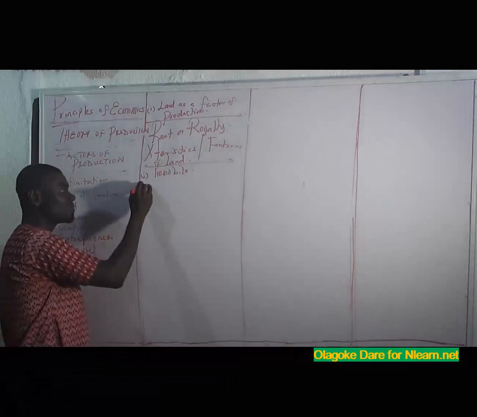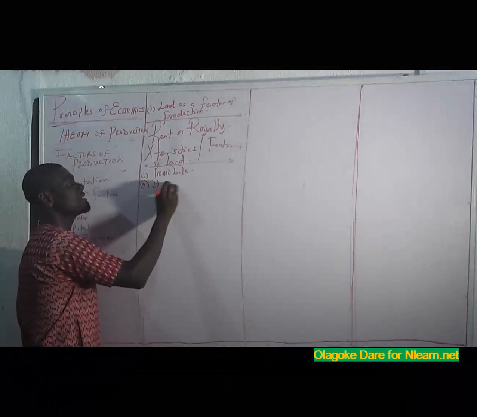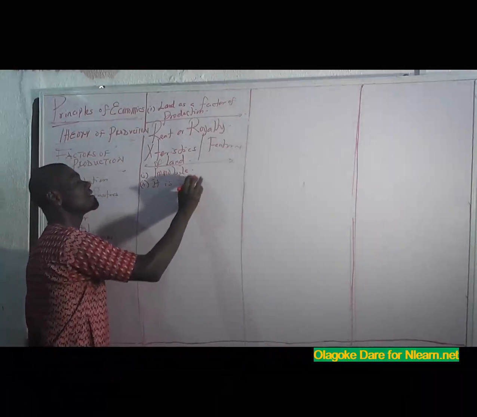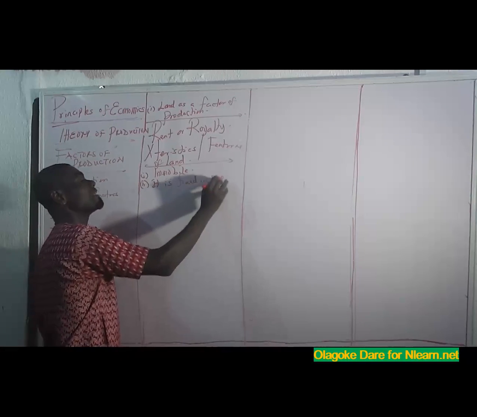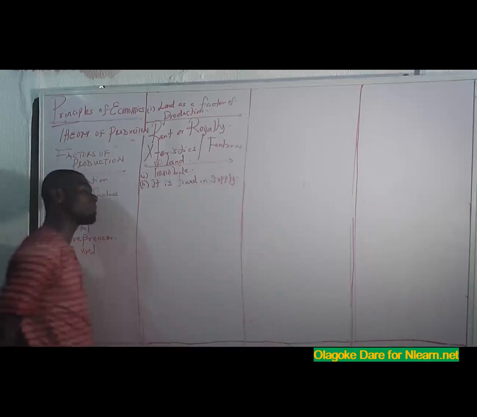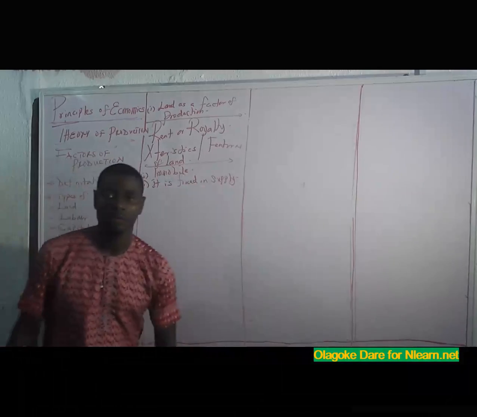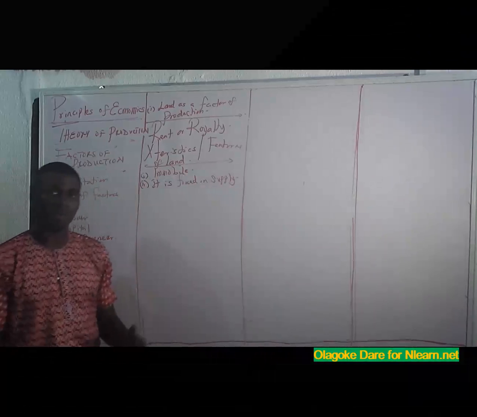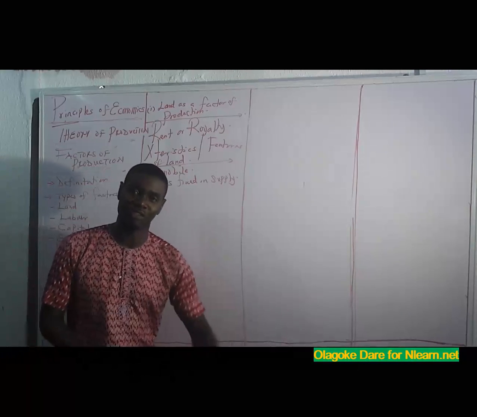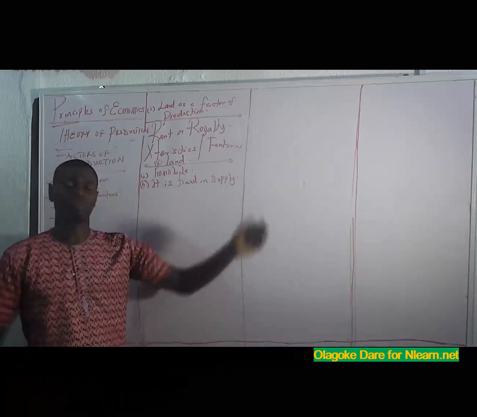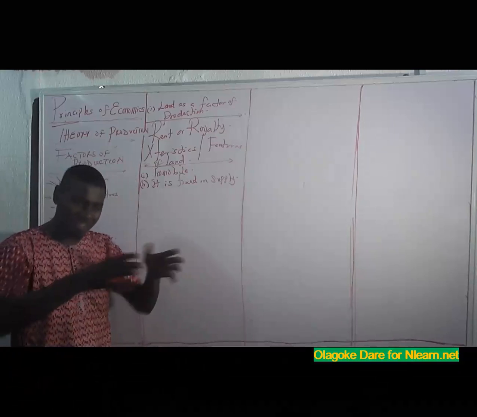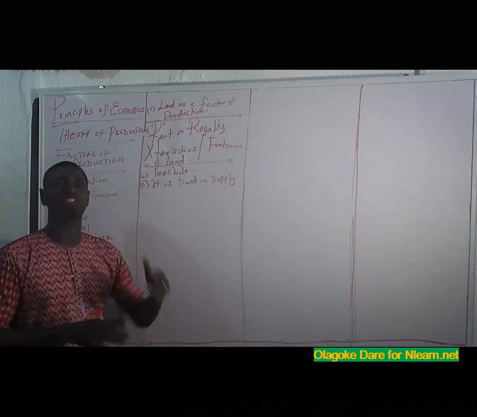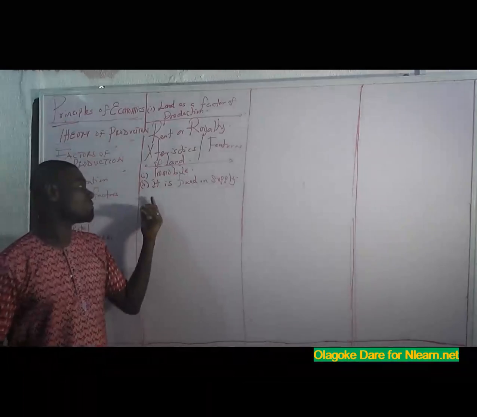Another thing you need to know is that it is fixed in supply. Land is fixed in supply. What we are trying to say is that in production process, as we increase output, land is fixed. It's constant. Does not change as output changes. That's what I mean by it is fixed in supply.